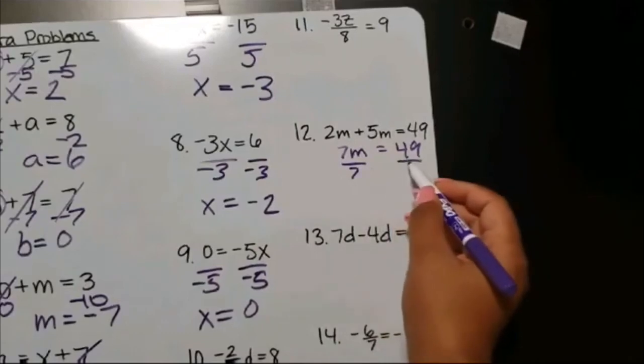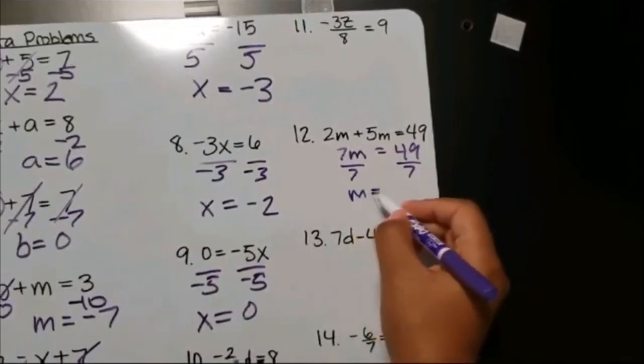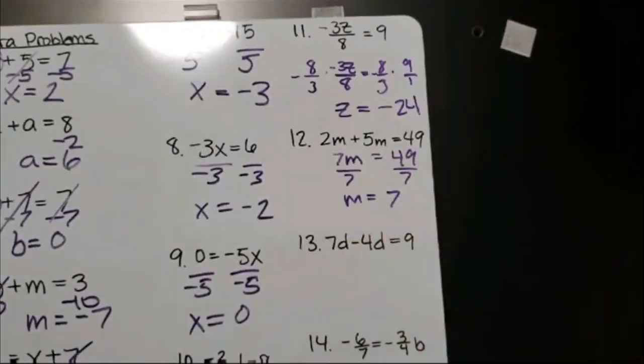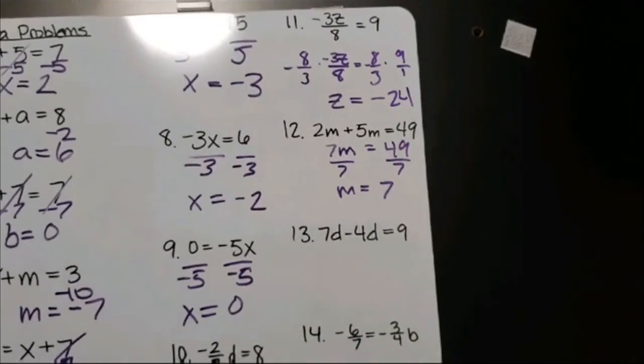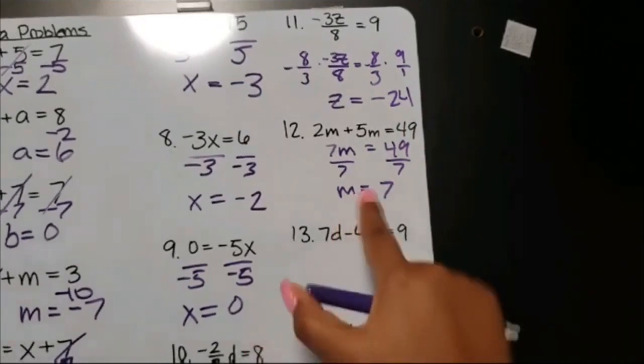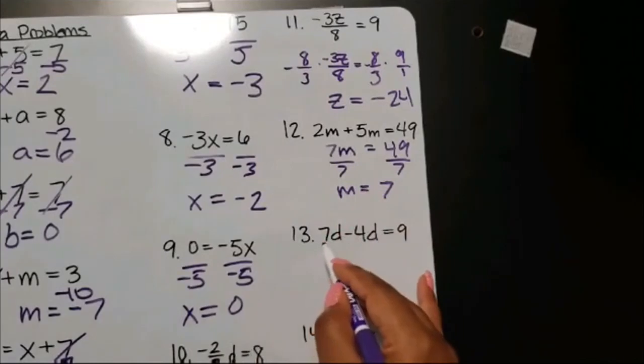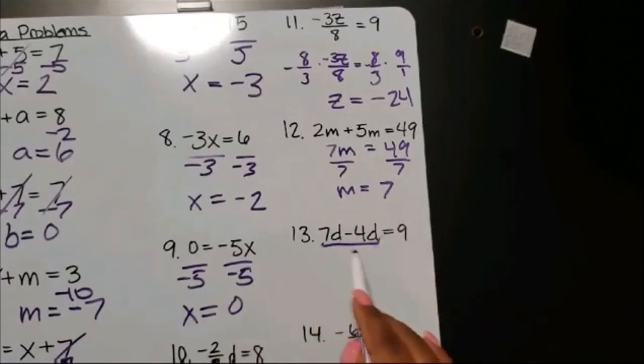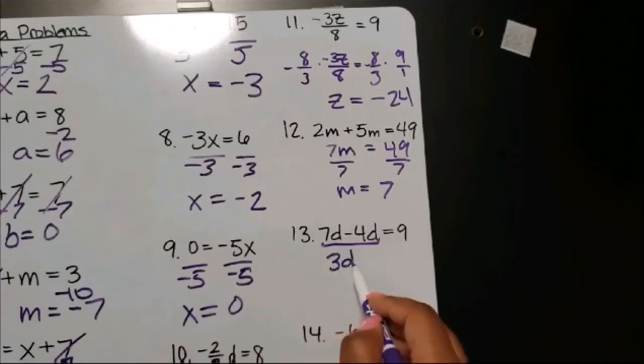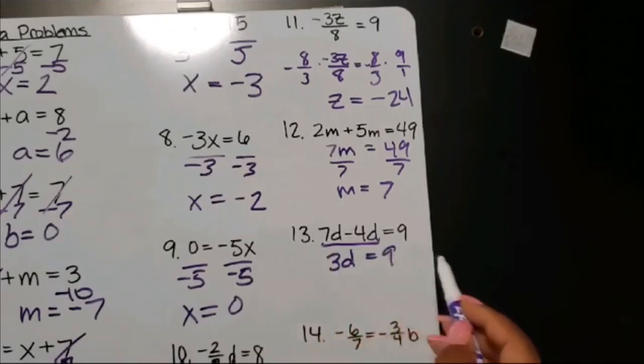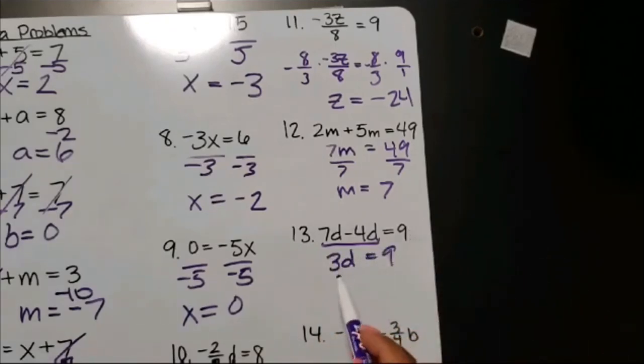So we divide it and we get m equals 7. For number 13, first you have to combine the like terms. So 7d minus 4d is 3d, and that equals 9. And when you divide both sides by 3, you get d equals 3.